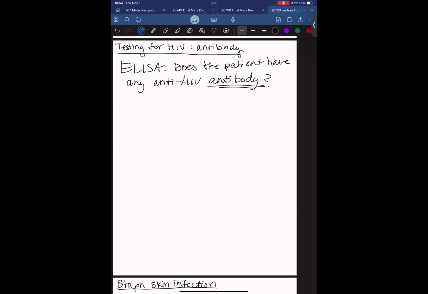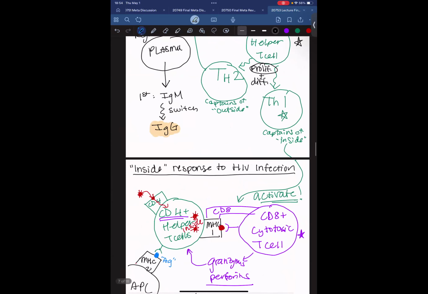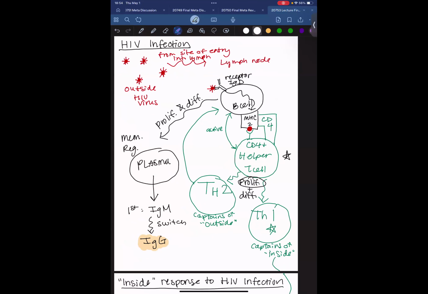This is a more important question because if you've been on antiretrovirals and your viral load is zero, undetectable, you could still have antibody in your body. All the way back up to the very top, where we first saw outside HIV, and then we activated our B cells and made plasma cells, and then we made IgM and IgG.